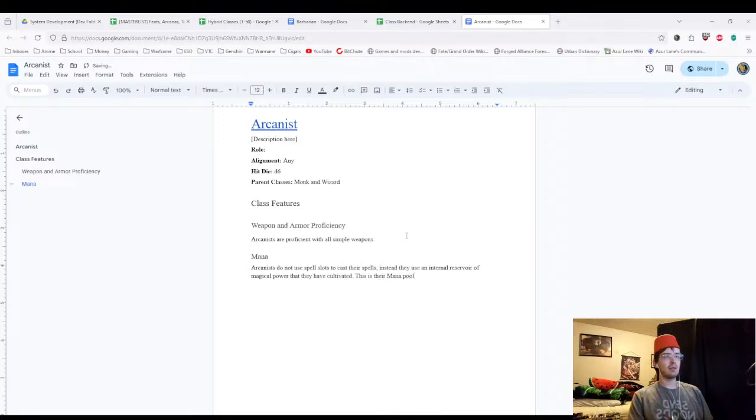This is their mana pool, the amount of mana they have at any given time. The maximum amount of mana they have at any given time is equal to, and how did I want to key this?